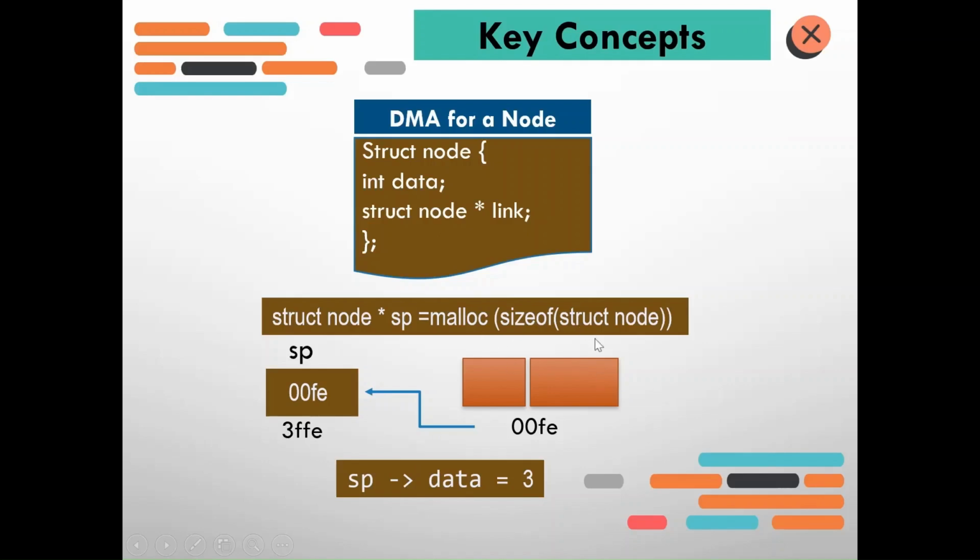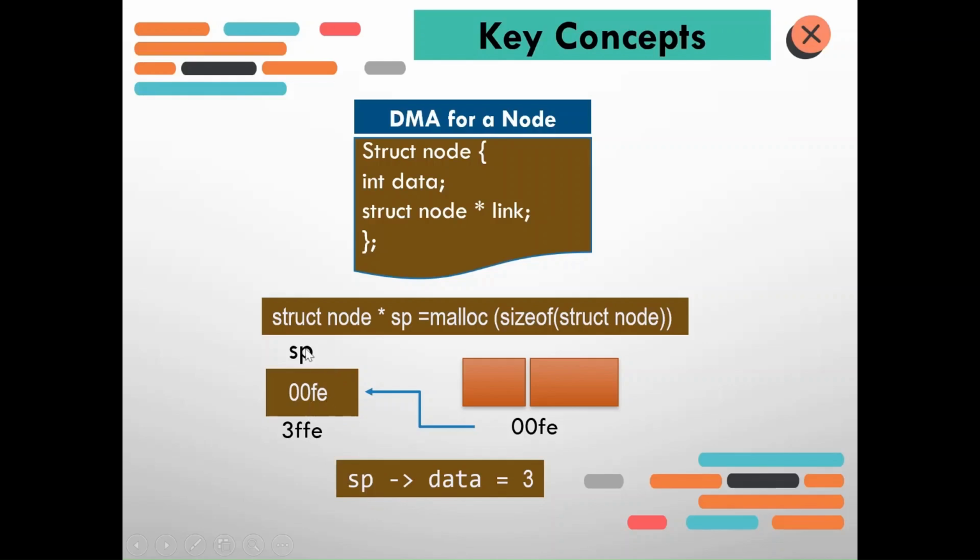That means when you have declared the memory for a structure variable dynamically, then you use this pointer operator. So SP arrow data means what is SP here? SP here is the contents.